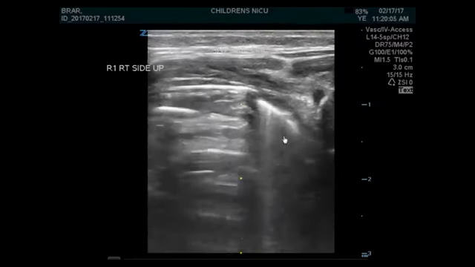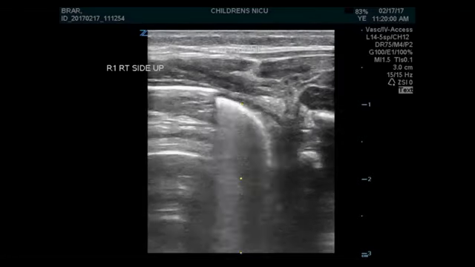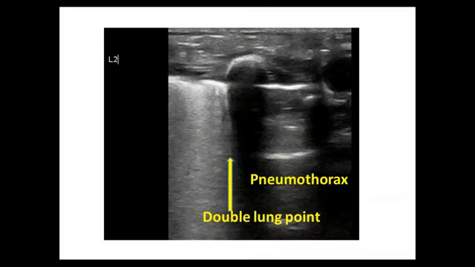So that's a double lung point in pneumothorax. Again, you have the double lung point, A lines, side by side with the partially collapsed lung with alveolar fluid.